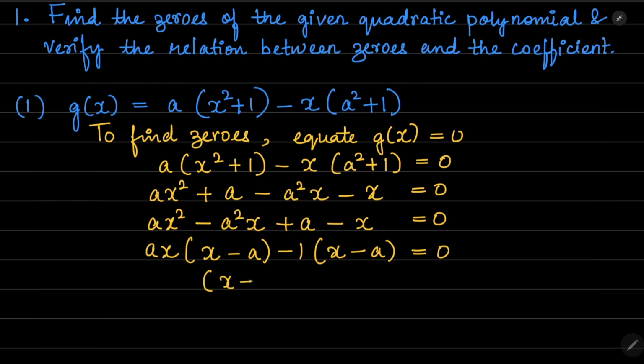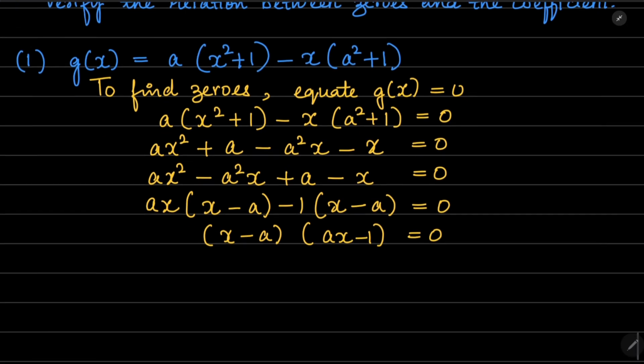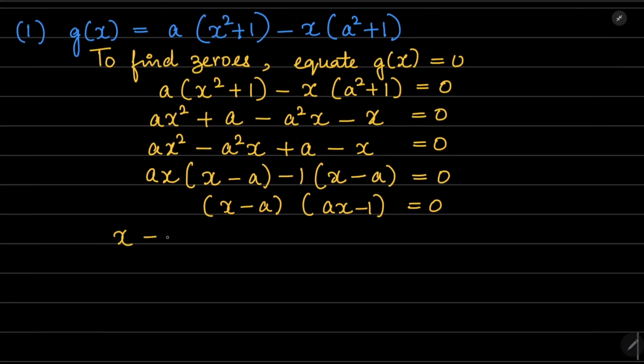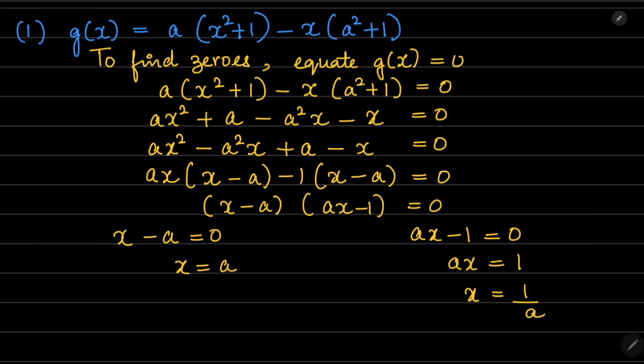So what are the factors? You have x minus a and ax minus 1. These are the two factors. Now either x minus a equal to 0, which means you have to find the value of x. x is equal to a, or if you have ax minus 1 equal to 0, you have ax equal to 1 and x is equal to 1 by a.